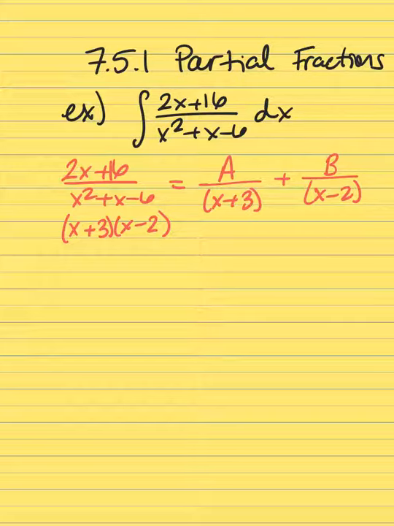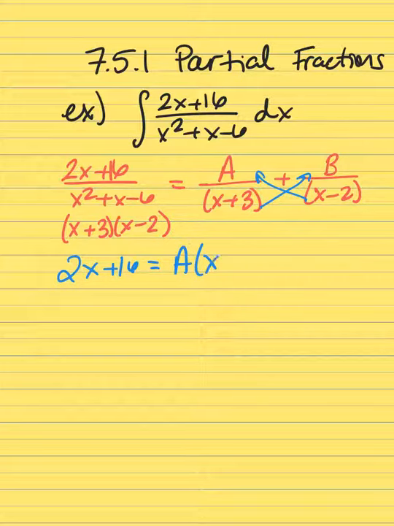Now the thing is, we need to figure out what A and B are. That means I've got to bring these fractions together, and to figure out the numerator, I need the whole common denominator. That means I'm doing a little bit of cross multiplying here. So the numerator 2x plus 16 equals A times (x minus 2) plus B times (x plus 3).